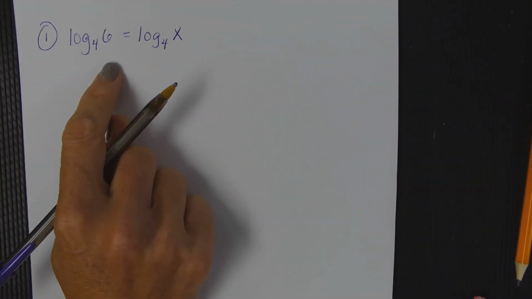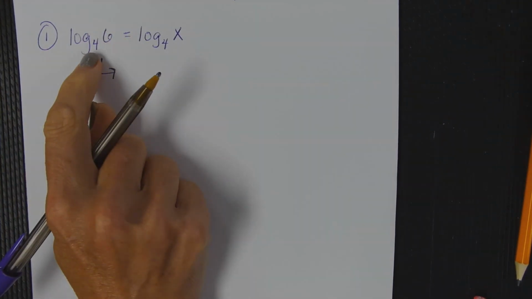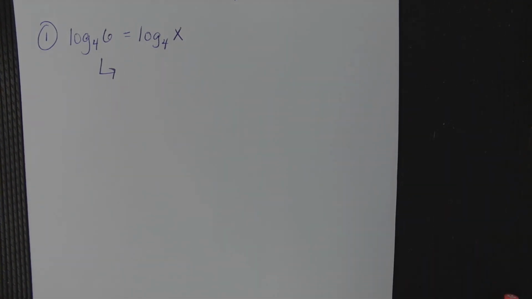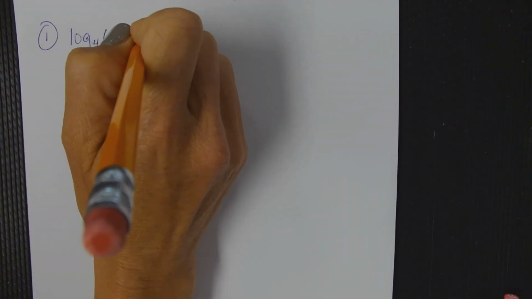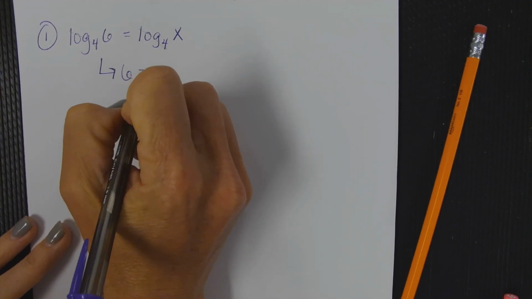They're the same. Okay, what you can do here is because these are the same, you can almost cancel them out. Log base 4, it's the same. It's kind of like when you cancel things out in normal one-step equations. So what you can say now is, well, 6 equals x.